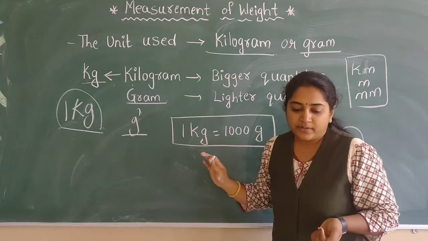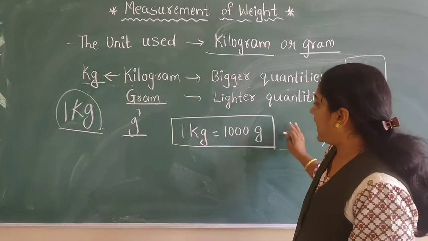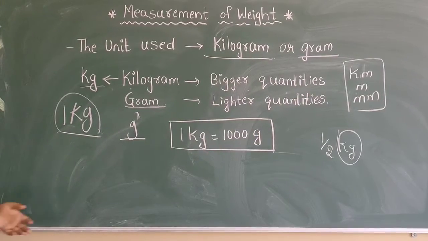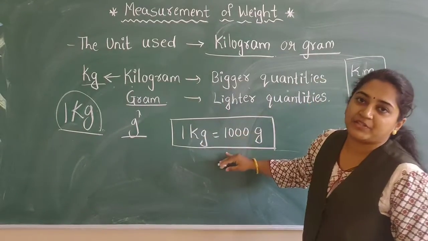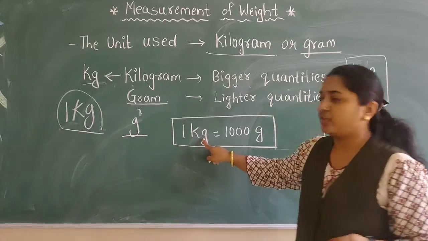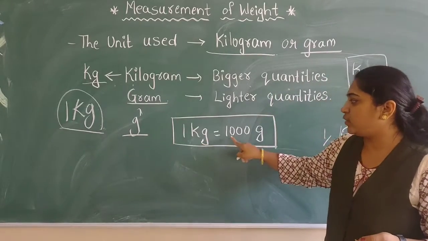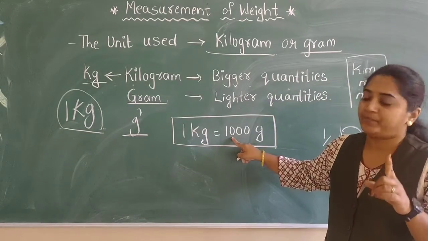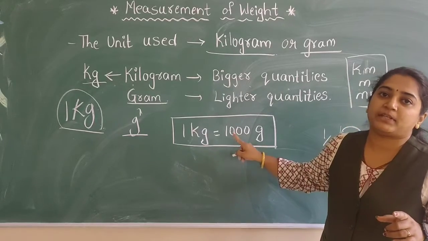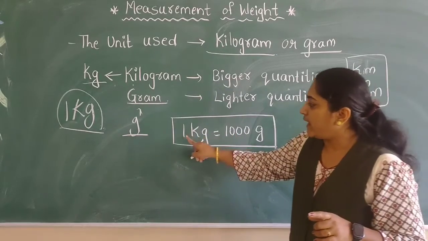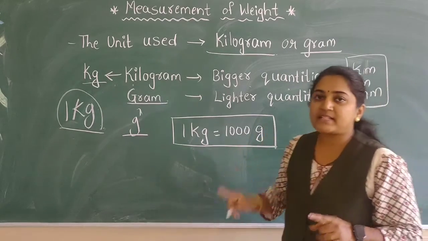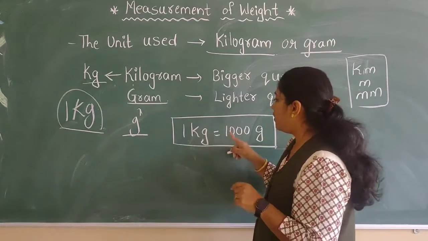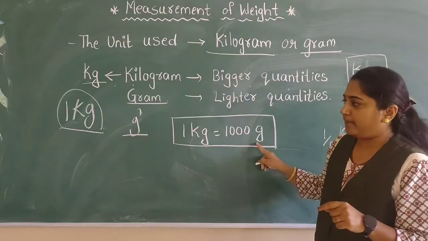Now, this is a very important measurement. It is a standard measurement: 1 kg is equal to 1000 gram. This is very important, keep it in your mind. I'll repeat once again, 1 kg is equal to 1000 gram.